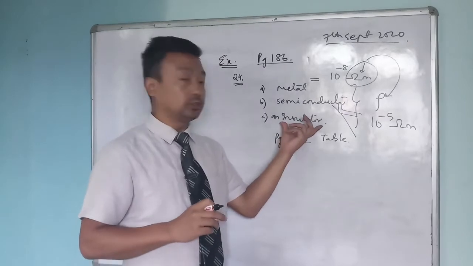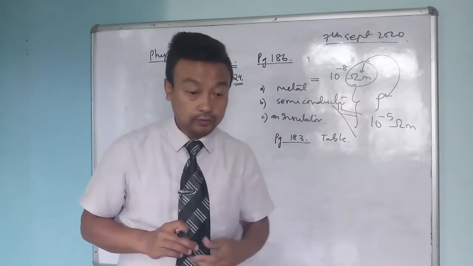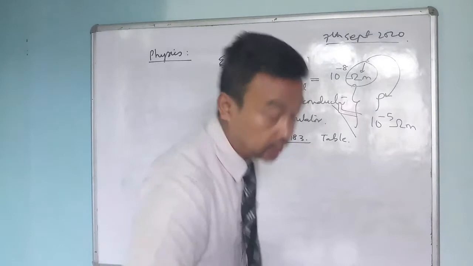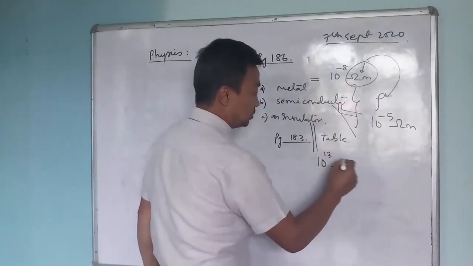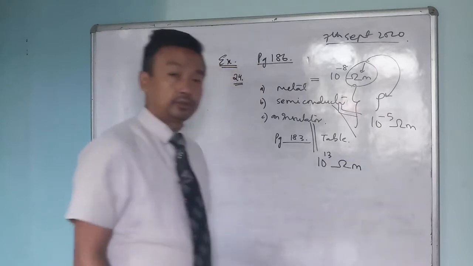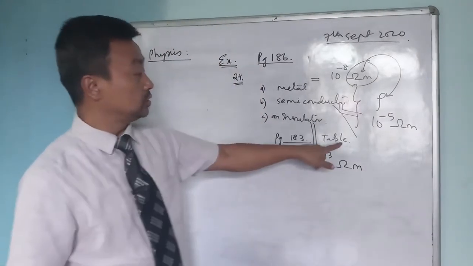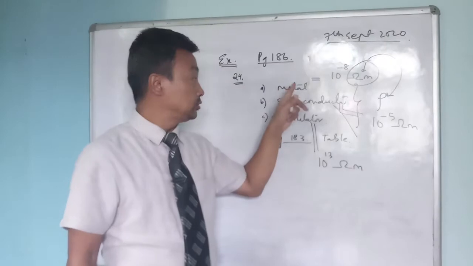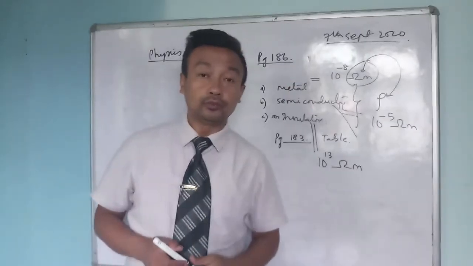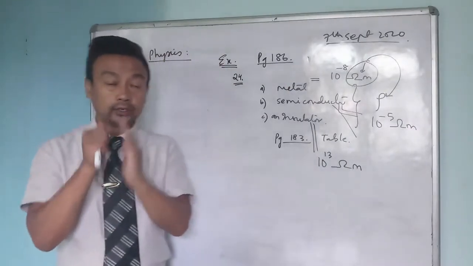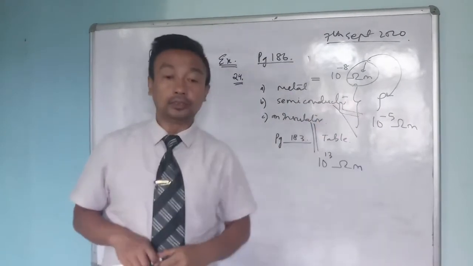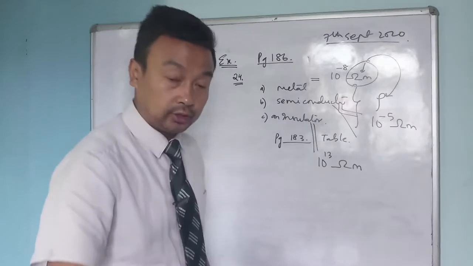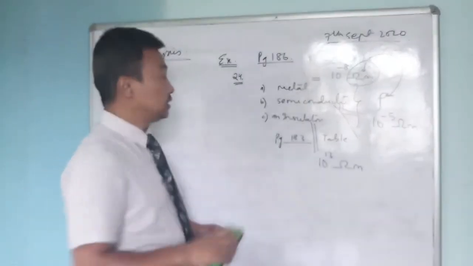For insulators you have the positive power, about 10 to the power 13 ohm meter. So please go through this table and try to see some of the values for the specific resistance of a metal, a semiconductor and an insulator.